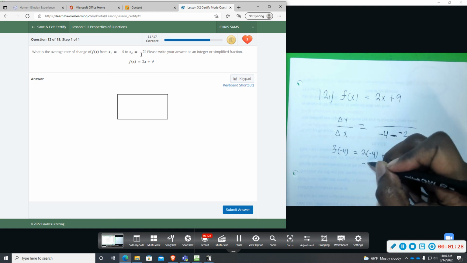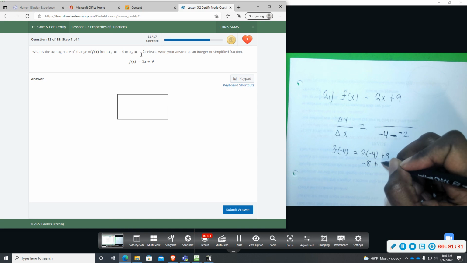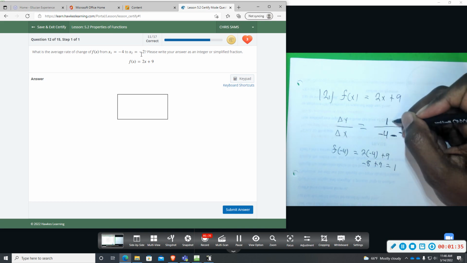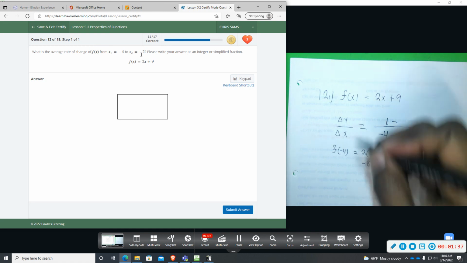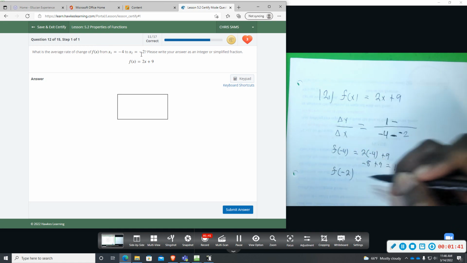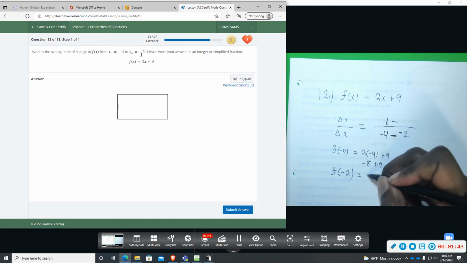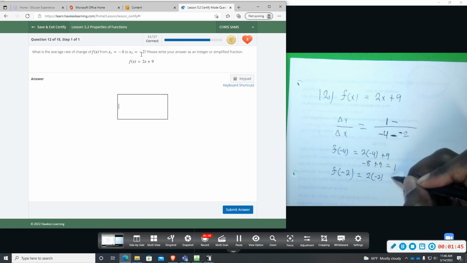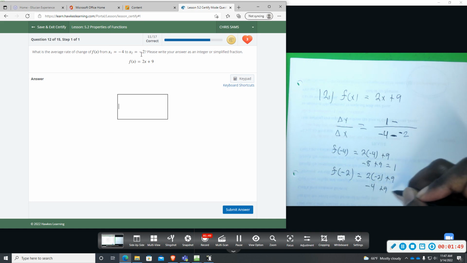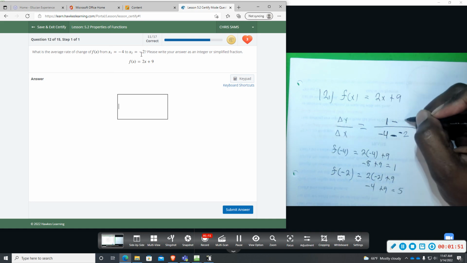So that gives me -8 plus 9, which gives me a +1. So my first y value is 1, and then minus, I'm going to plug in a -2. That gives me 2 times -2 plus 9, -4 plus 9, that gives me 5.